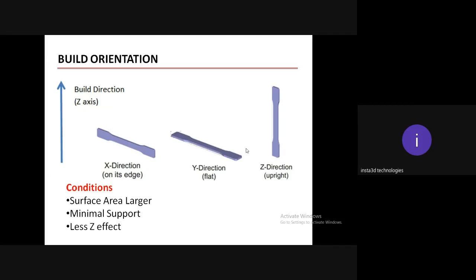The best one is the second one, Y direction, because during the 3D printing process, considering the build orientation, the conditions are we should have a larger surface area with the build plate, minimal support, and less Z effect. If you consider the first one, X direction, the surface area is less, so it is not recommended. Minimal support, it will have support in the lower areas, and less Z effect.